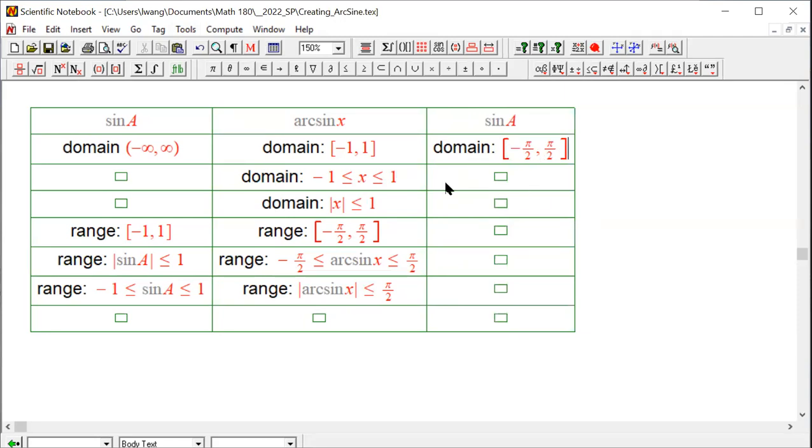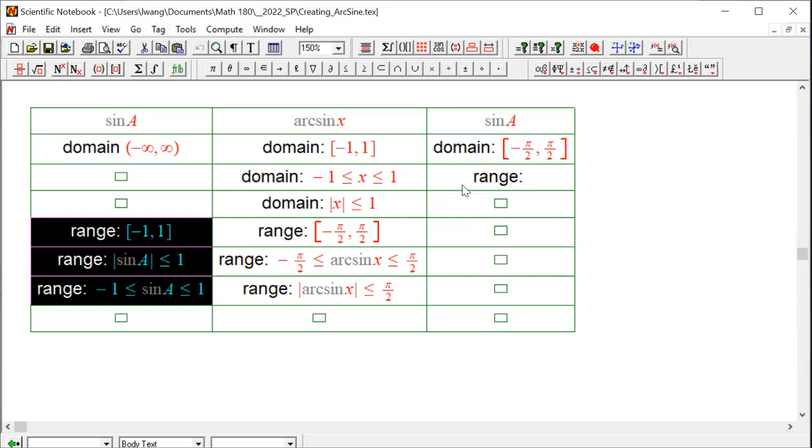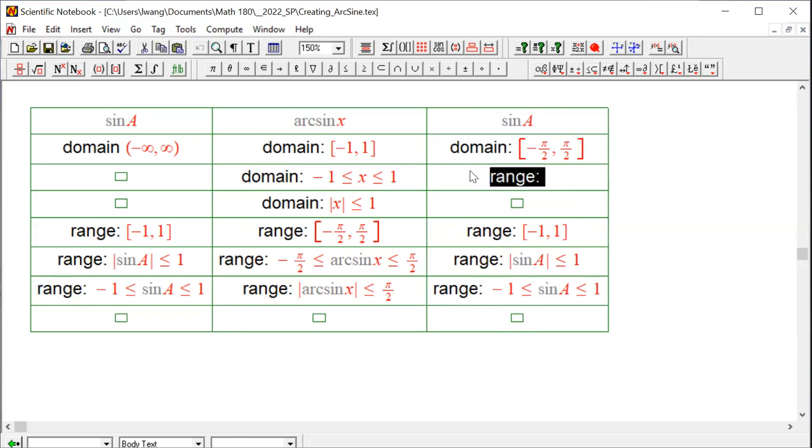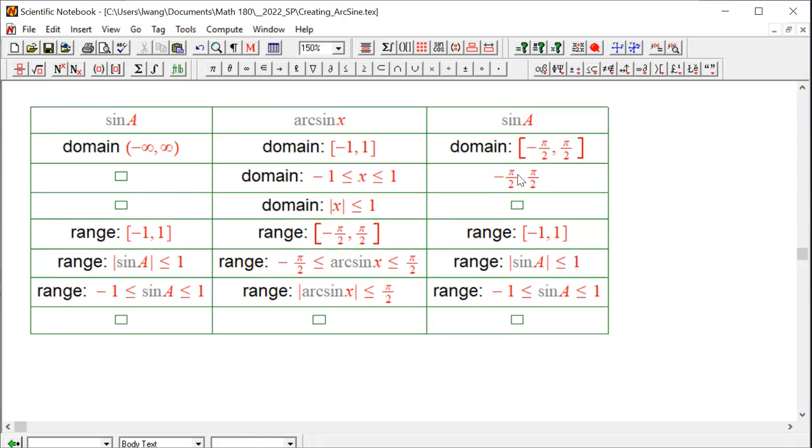Domain and range, which is all these different ways, applies to it. Only thing is the domain is different. For this, A is between negative pi over 2 to pi over 2. You can think of it that way.